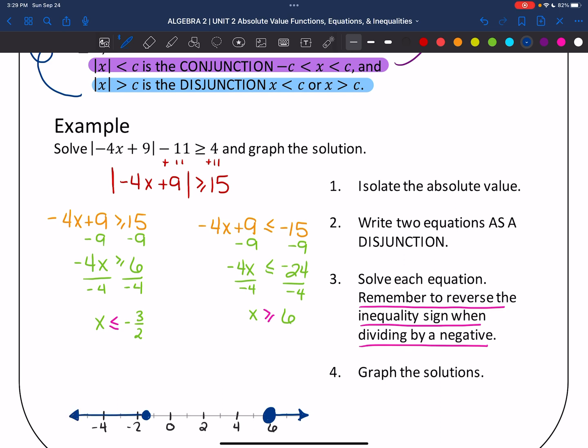Okay, so there it is. Our example of a disjunction. You can see here graphed that it's not one solution set that is together, but it is two separate pieces going in opposite directions that represent this solution region.